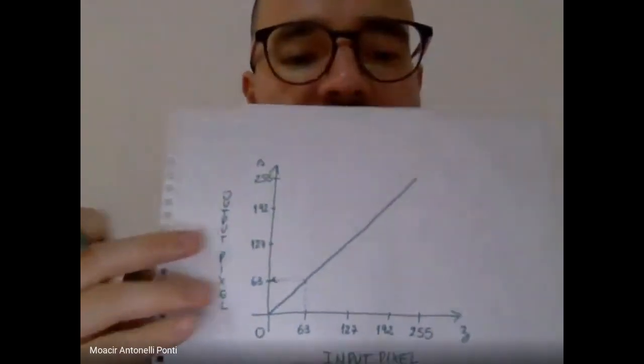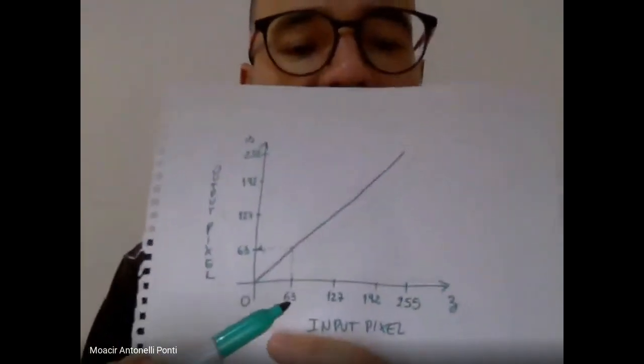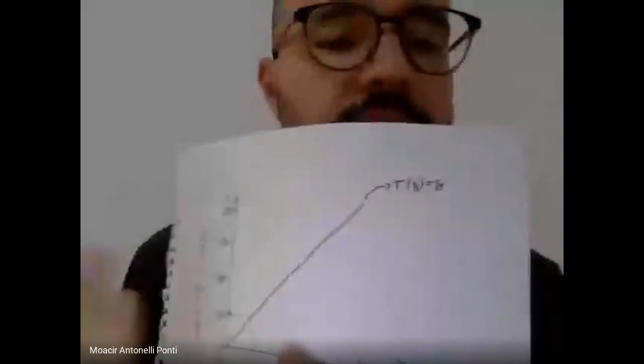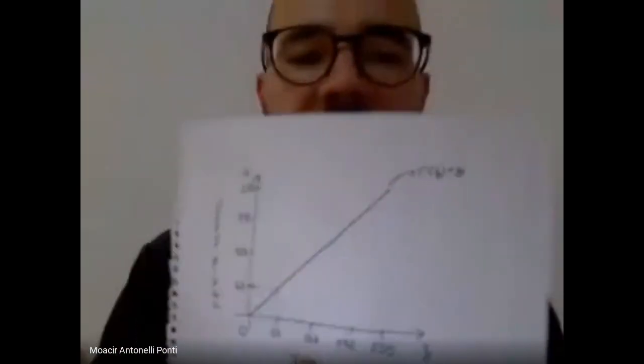So I'm just going to draw here a small dot showing you that if I have this transformation function, the value of 63 maps to 63 on the output, so it doesn't change anything. So this is basically as if I had T of z equals z. Right, this is just T of z equals z. So I don't change anything.